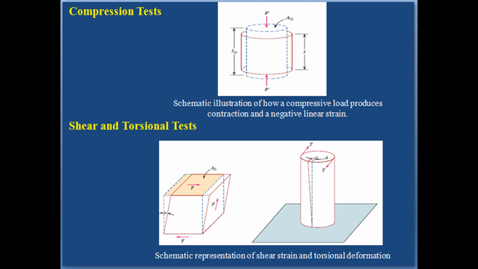Now we are going to discuss shear and torsional test. For a test performed using a pure shear force as shown in figure, the shear stress tau is computed according to the equation tau is equal to F by A, where F is the load or force imposed parallel to the upper and lower faces, each of which has an area of A. The shear strain is defined as the tangent of the strain angle theta as indicated in figure.